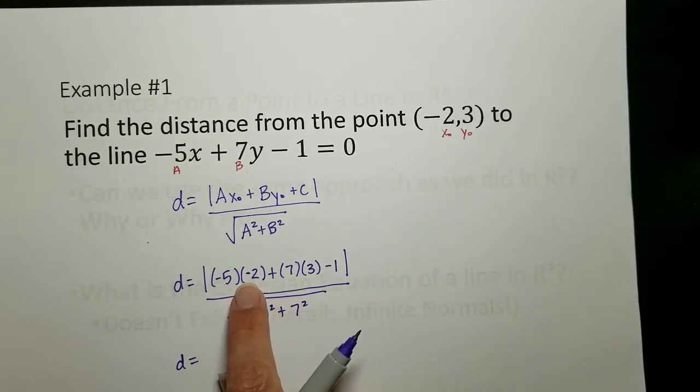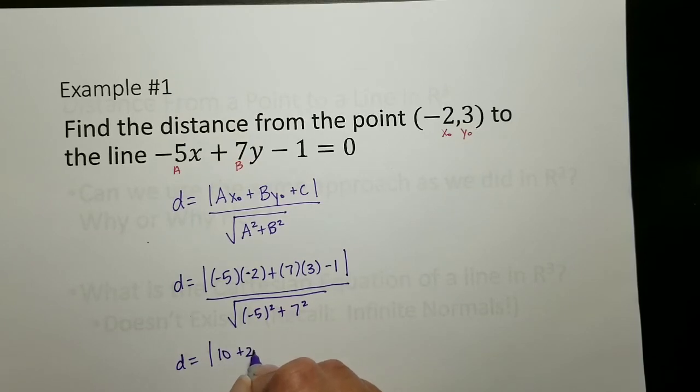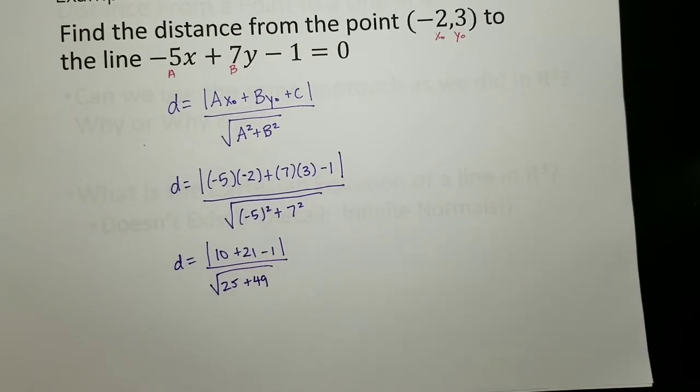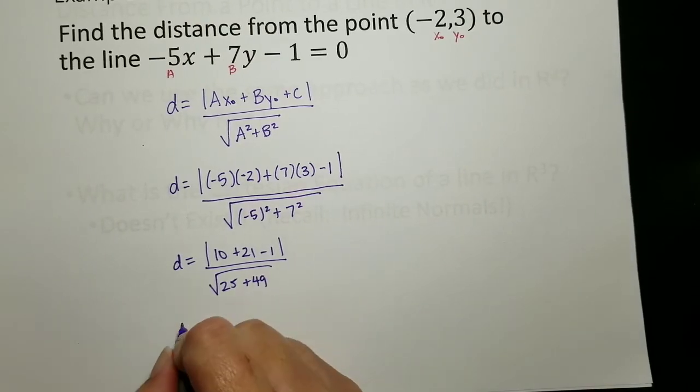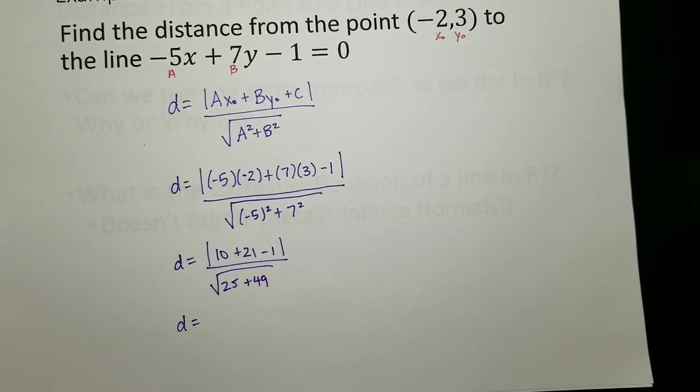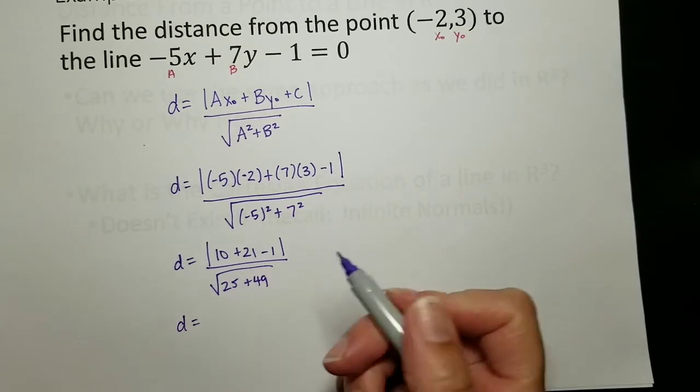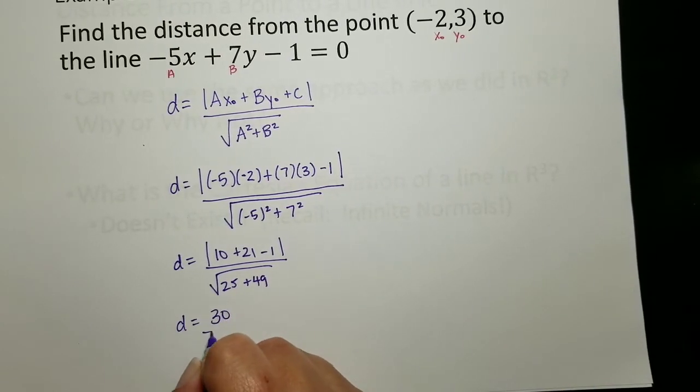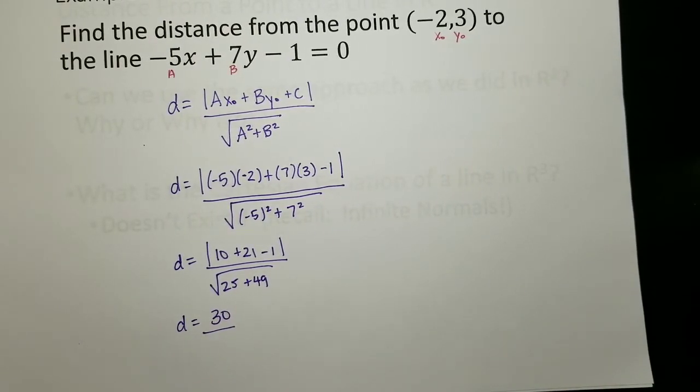So here I get positive 10 plus 21 minus 1 over the square root of 25 plus 49. I'm going off the page there. So here I get the absolute value of 30 on the top, which is just 30. Remember, with an absolute value you take any negative number and just switch it to a positive, over the square root of 74.